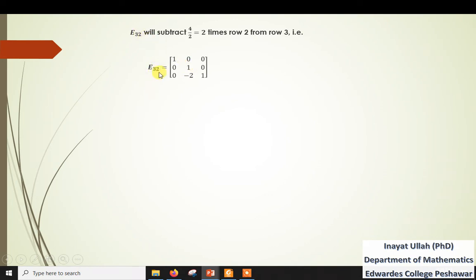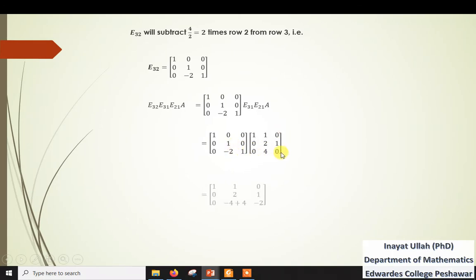So that is E32. Now applying this E32 on this whole matrix E31 E21 A, this matrix is obtained in the previous slide. So that is E32, and that is the whole matrix E31 E21 into A. Now putting the value of E31 E21 A from the previous slide and multiplying these two matrices, whenever you multiply these two matrices, we will get this matrix. 1 into 1 is 1, 0 plus 0, so that is 1.